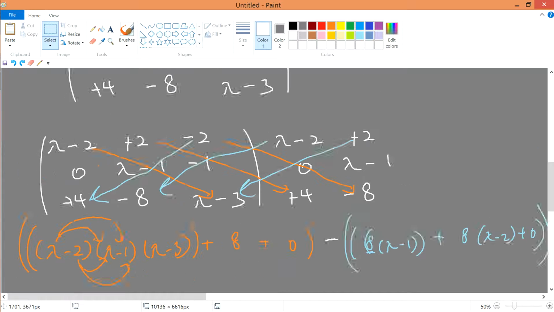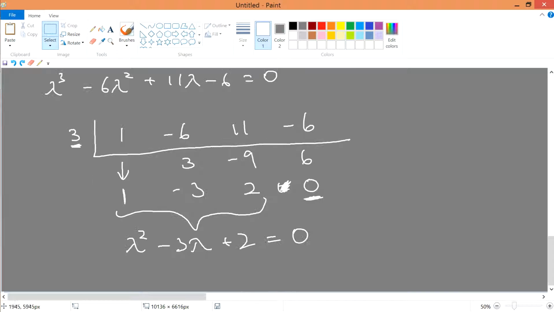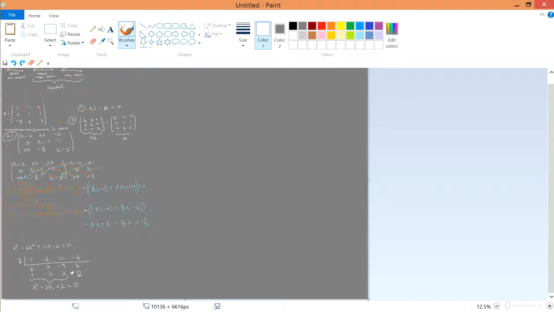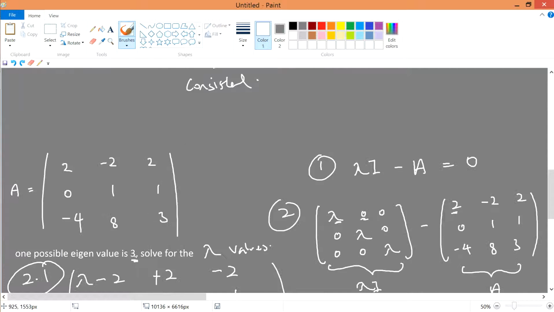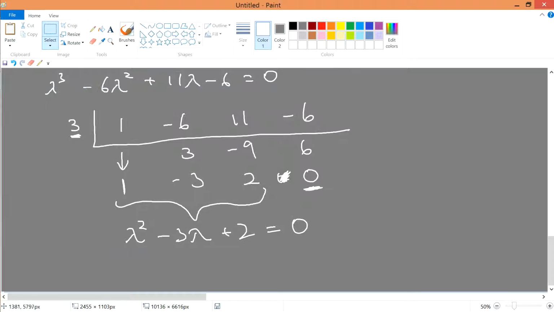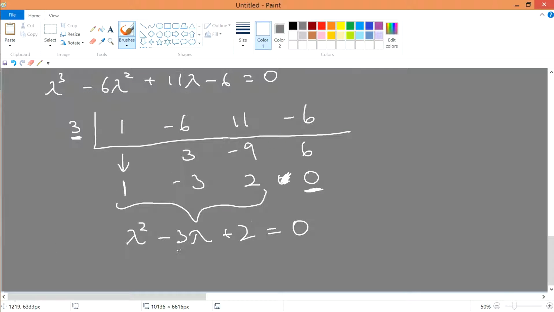Then you're going to guess, and if your remainder is not 0, you have to guess different numbers until you're happy. But generally I recommend you use a calculator. That's the highest recommendation I will give.